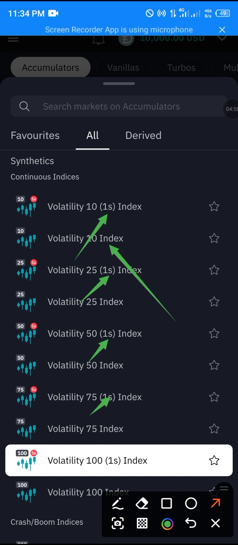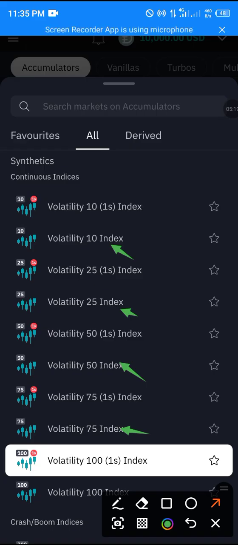So I'm not advising you as a newbie or beginner to venture into these ones. Rather, you should trade the ones that do not have 1s, like this, like this. If you scroll down, you still see all of them.